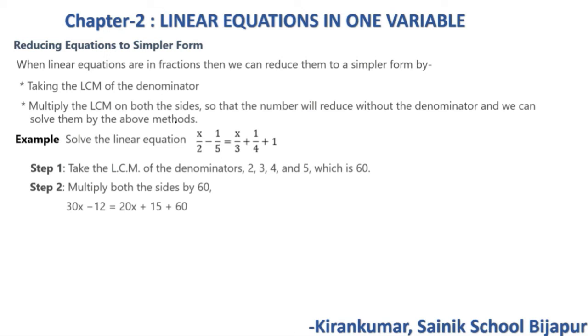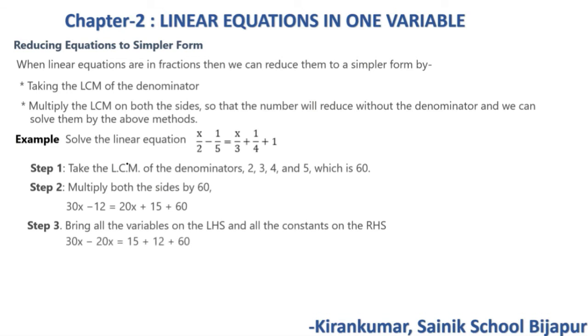For each of the terms, the 60 is being multiplied. On multiplying, we get 30x minus 12 equal to 20x plus 15 plus 60. Bring all the variables on LHS and all the constants to RHS.